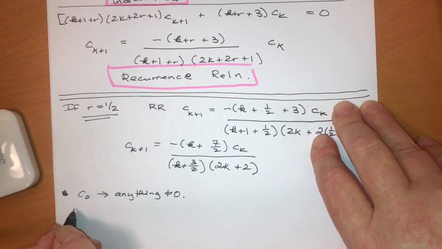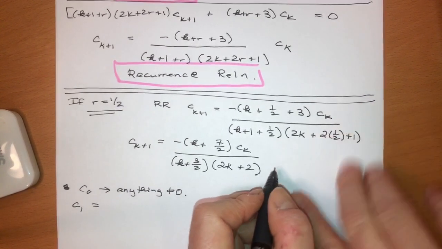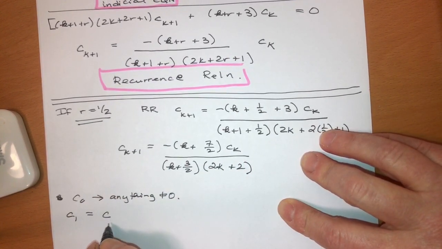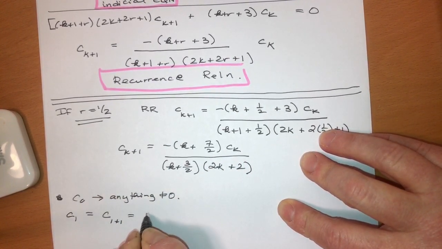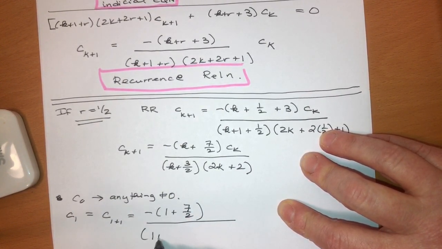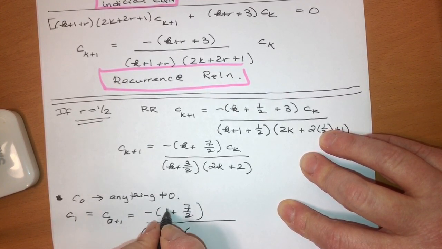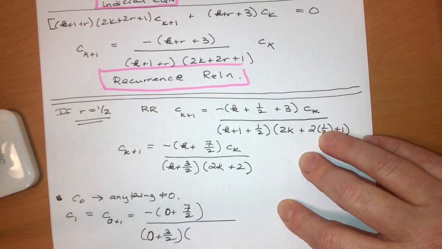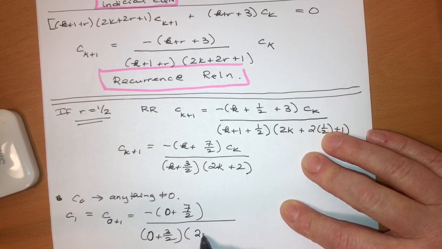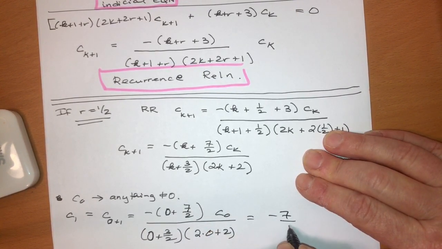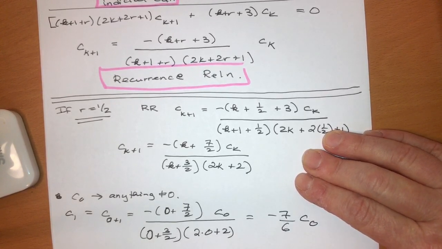And then if you want to find C1, well, now you know how to find C1 from the last term. So C1 will be, oops, that's a 0. That should be a 0, correct? And we get 2 times 0 plus 2, C sub 0. So this ends up being minus 7/6 C0.